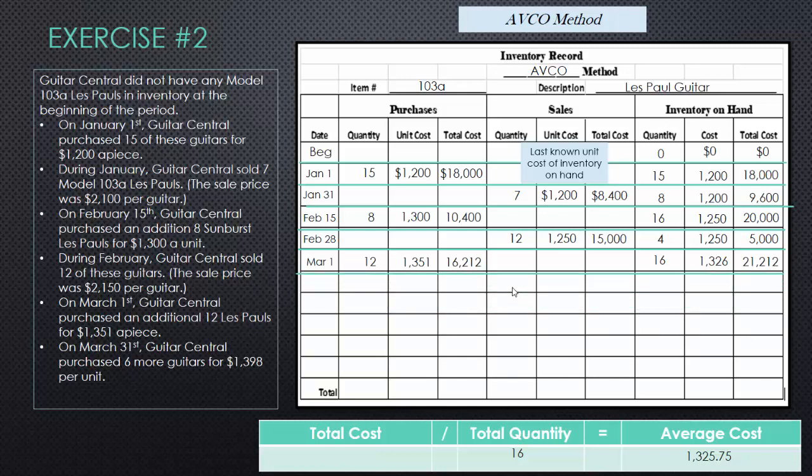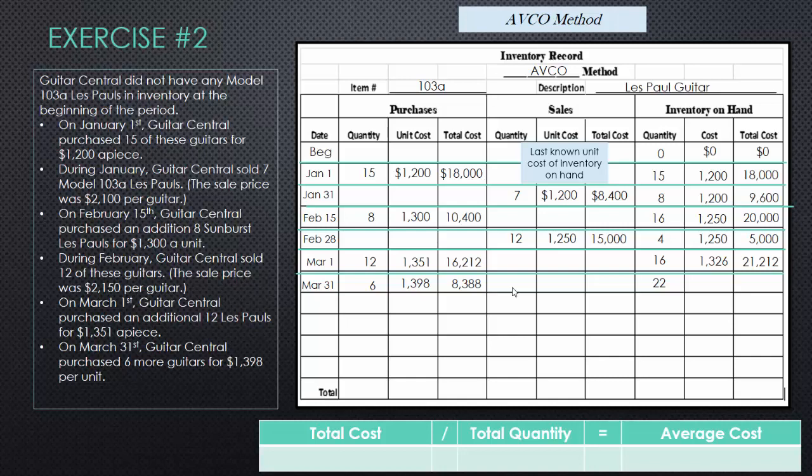On March 31st, we're making one more purchase. We're purchasing an additional 6 guitars, and we're purchasing these at $1,398 a guitar, for a total cost of $8,388. Well, let's figure out what our new inventory on hand was. We had 16, we bought 6, now we have 22 guitars. The cost of our guitars on hand before the purchase was $21,212.